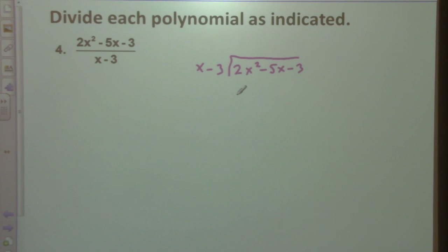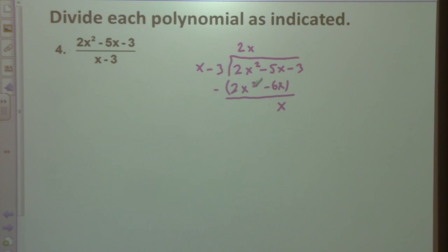So we got number 4. So she got 2x up here, right? And 2x times x is 2x squared. And 2x times -3 is -6x. And then if we subtract out everything here, we're going to get -5x minus -6x, which is, and we have 1x. That's actually going to be positive 1x.